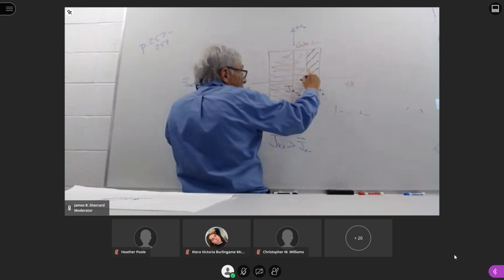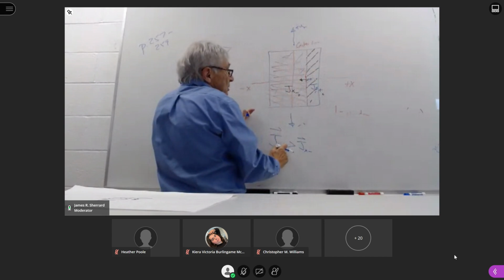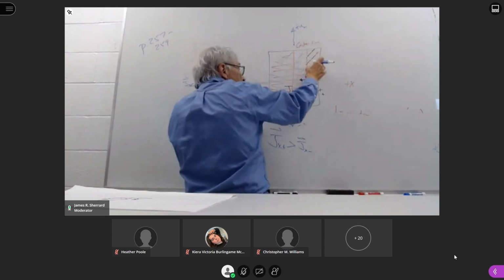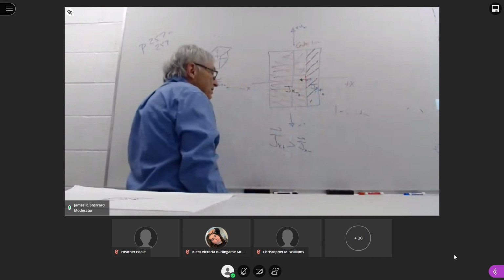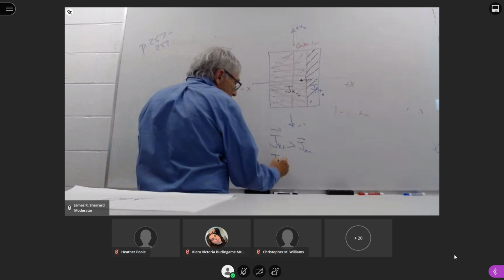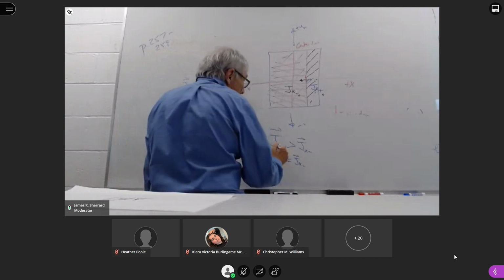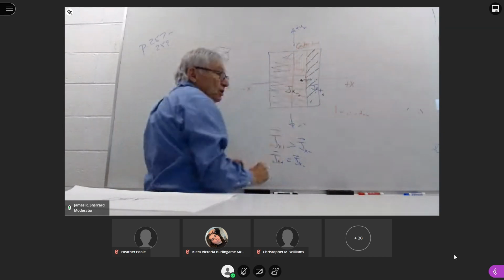So what's going through the little window in that direction, because we have a lot more fuel and moderator, is Jx plus. What's going from this side is generated by that amount. And Jx plus would only exactly equal Jx minus exactly at the center line.